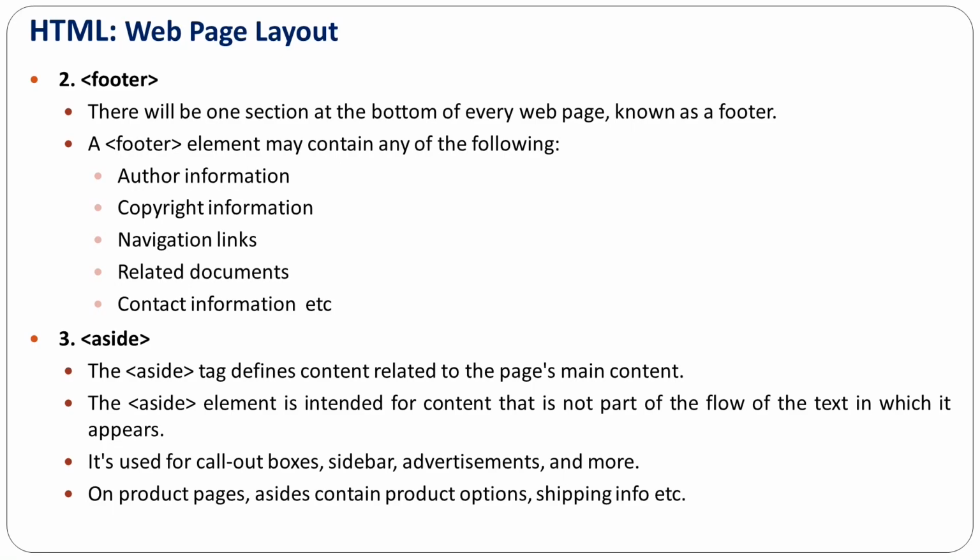It is not directly a part of the text that flows in the main content. It is used for call-out boxes, sidebars, advertisements and many more. Such kind of information is placed using the aside tag. On product pages, aside contains product options, shipping info, etc.